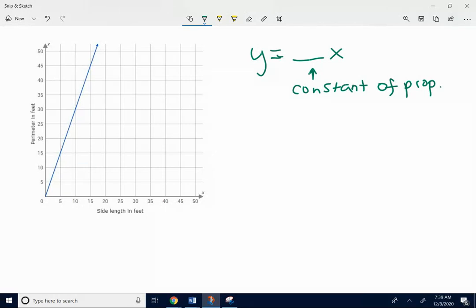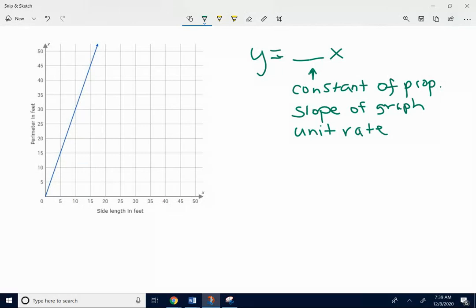You could also figure out that number by finding the slope of the graph. And you could also find that number by thinking about unit rate. Unit rate is basically constant of proportionality with labels. So all we really need to do is figure out the slope.